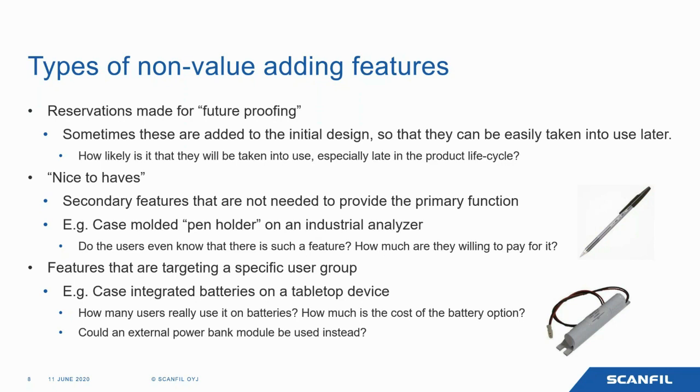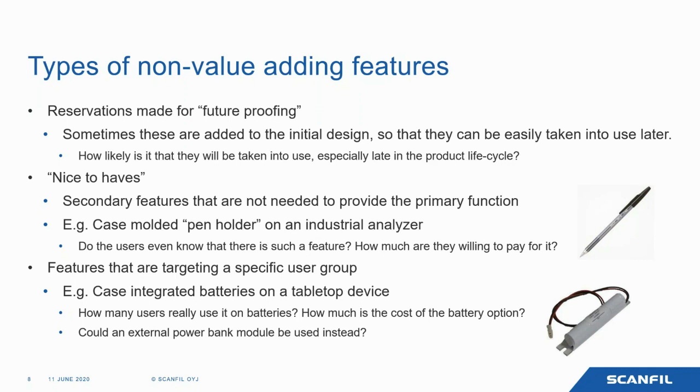And then the third category that we have recognized is these features that target a specific user group. So it's not aimed for all the users. We had, for example, a tabletop device that was AC powered with an external power supply, but we had integrated batteries inside the machine meant for mobile usage, although that was probably 1 or 2% of all the users.